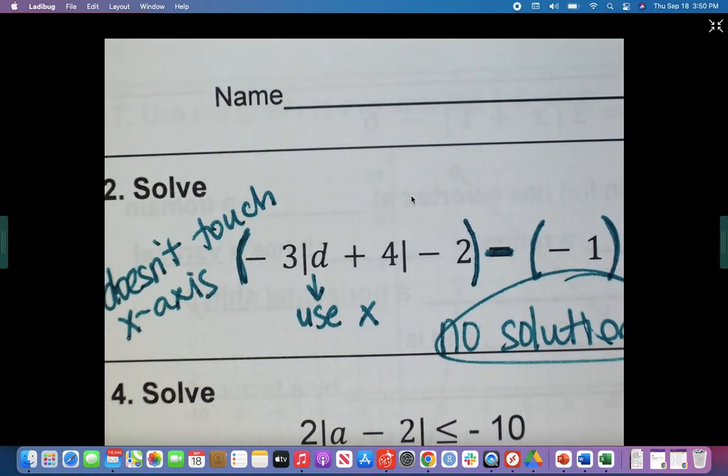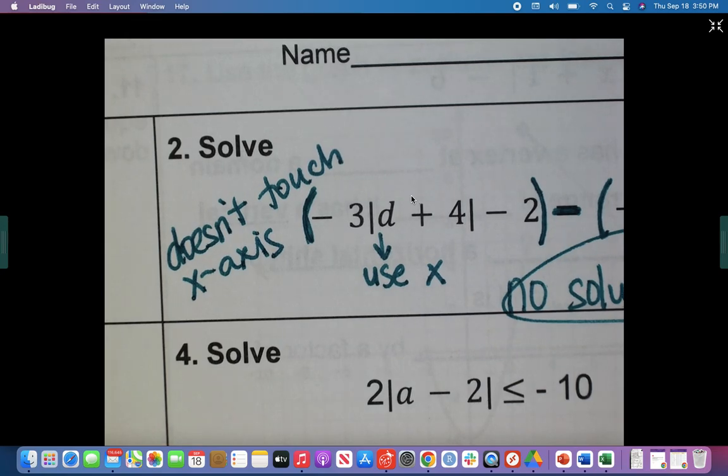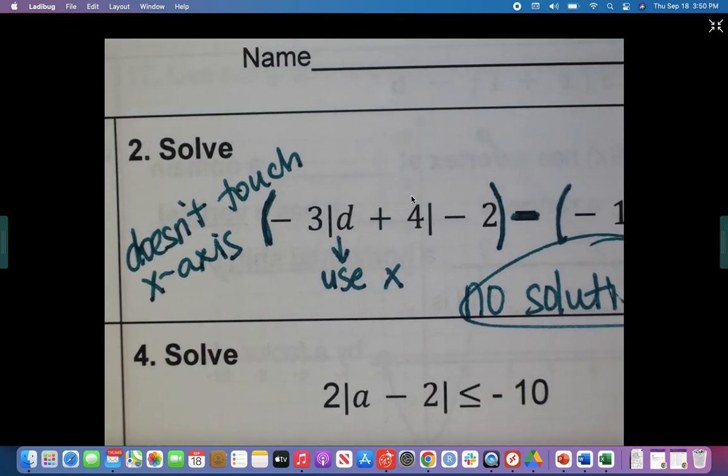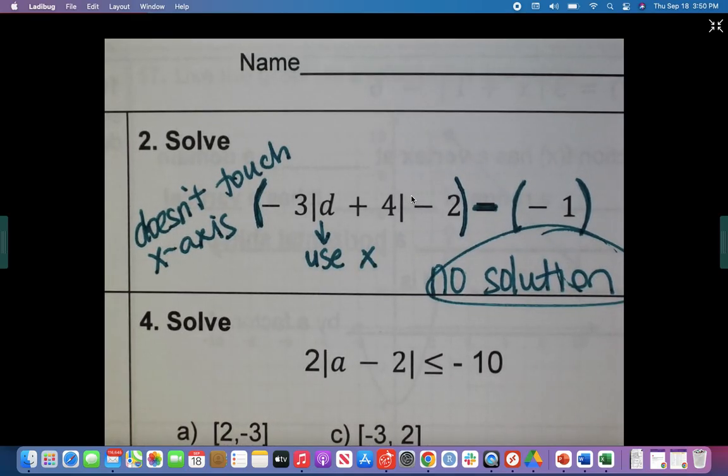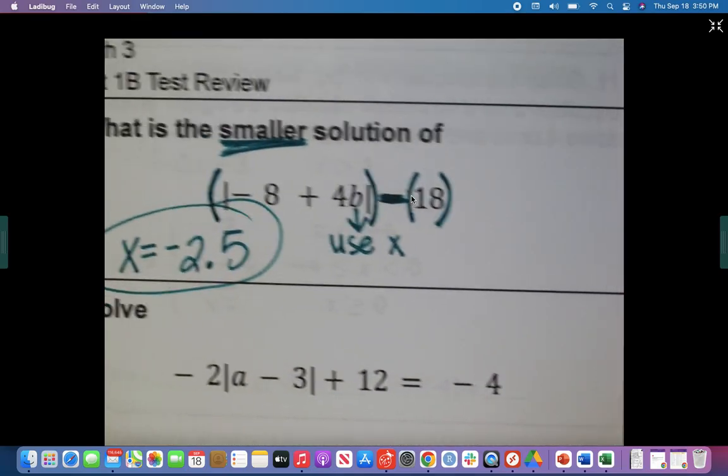So it's no solution because it does not touch the x-axis. There we go. Now you can see the whole thing.